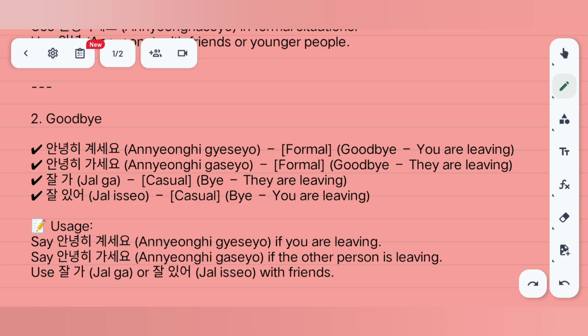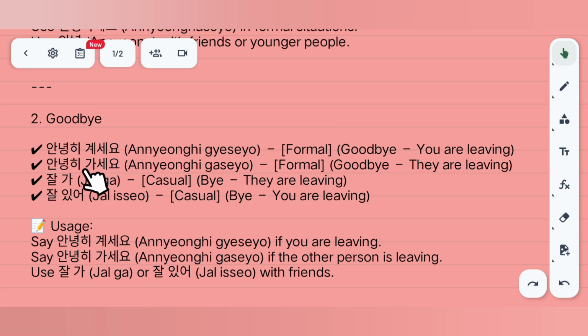It's time for you to leave. You will say 안녕히 계세요 to the host because it means stay in peace. Write it down that 안녕히 계세요 means stay in peace. And you will say 안녕히 계세요 when you are leaving and the other person is staying.